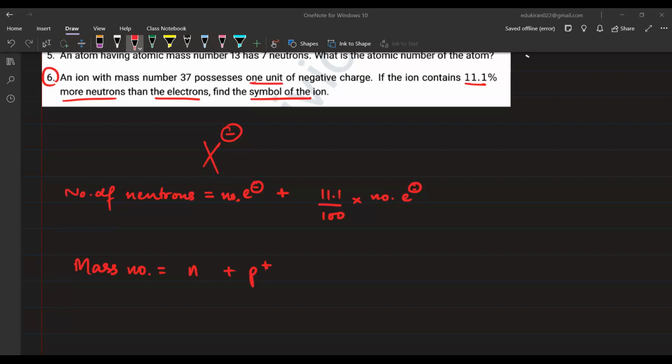Sir, I couldn't get it. Sorry. Sir, मुझे नहीं आया. अच्छा. No, I mean, you did not get the PDF or you did not get the question only? Sir, I didn't get the question. You did not get the question. Okay.